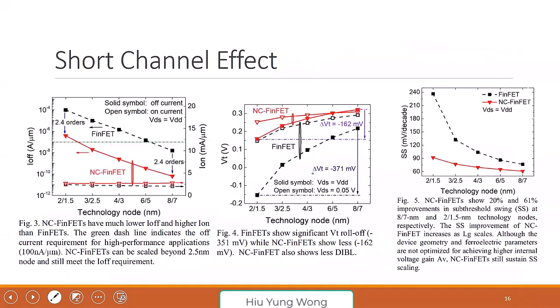Let's look at another graph, short channel effect. The red one is the negative capacitance FinFET, right? When we go to a smaller technology node, I-off will increase, but it is always smaller than the FinFET, okay?